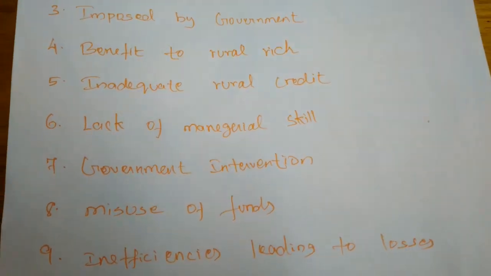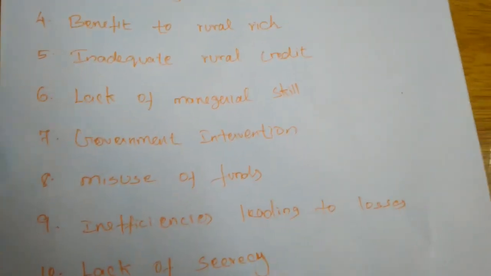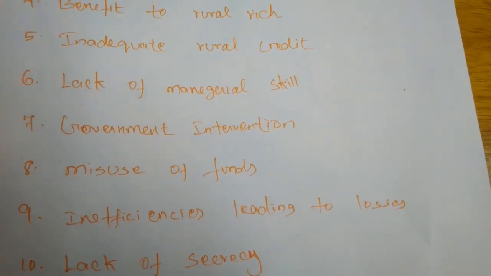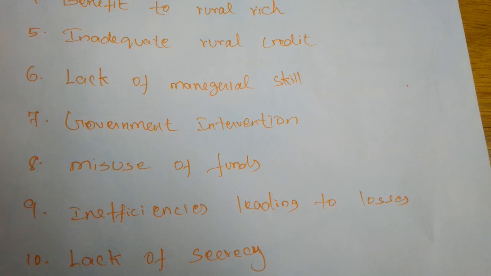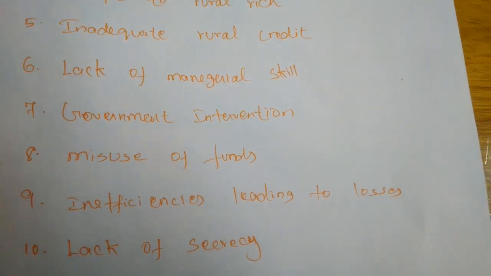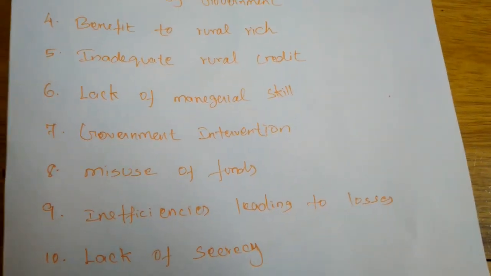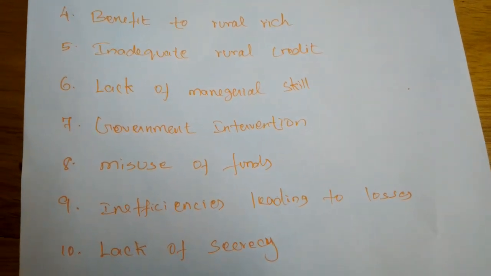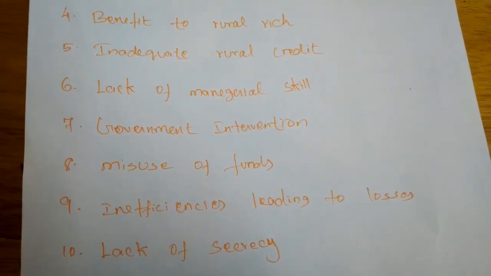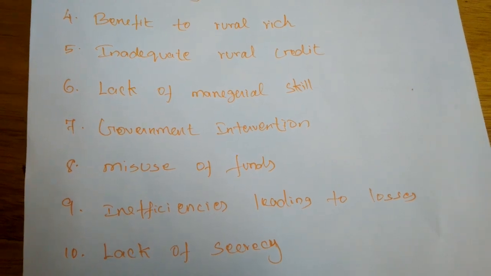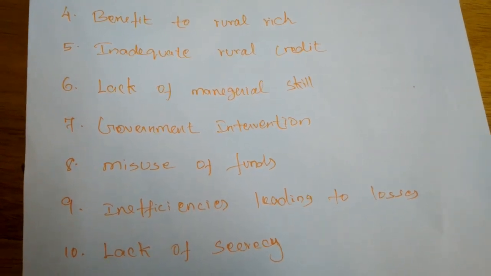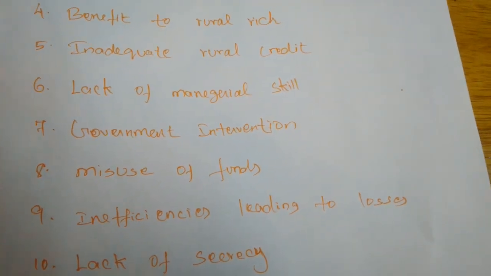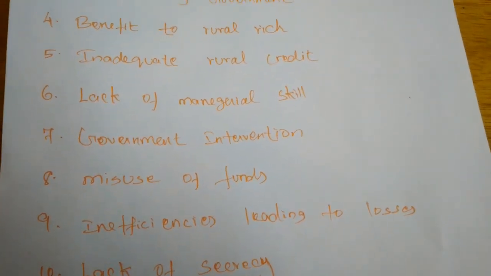When we produce commodities at a huge level, only then will we get the benefit. In the rural area, the rural rich man has the chance to have more land, and when they produce more commodities, they get more benefit from the cooperative organizations. The other poor people will not get any of the advantages.